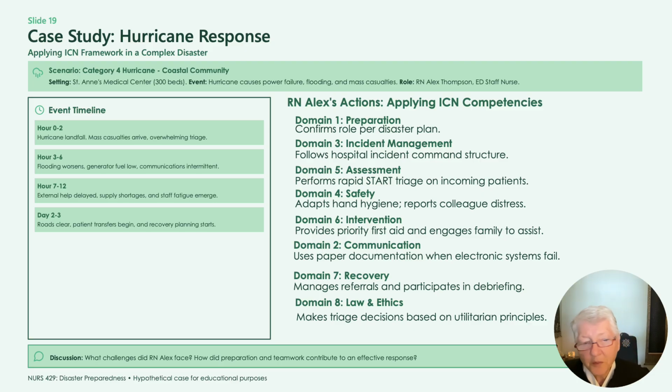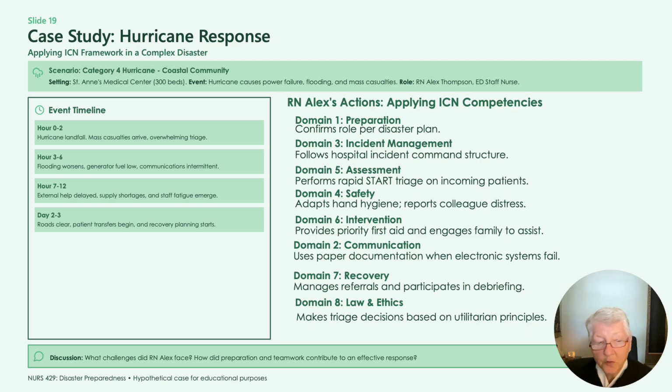So let's walk through this a little bit. In the first 2 hours, the hurricane makes landfall. There are mass casualties that start arriving, and it overwhelms your triage. At hours 3 to 6, the flooding gets worse.